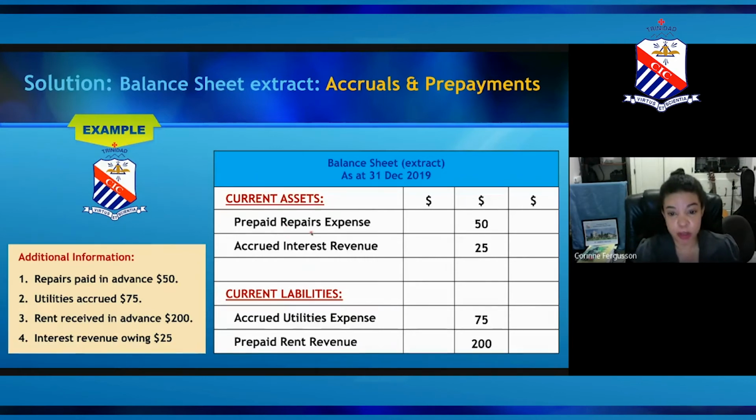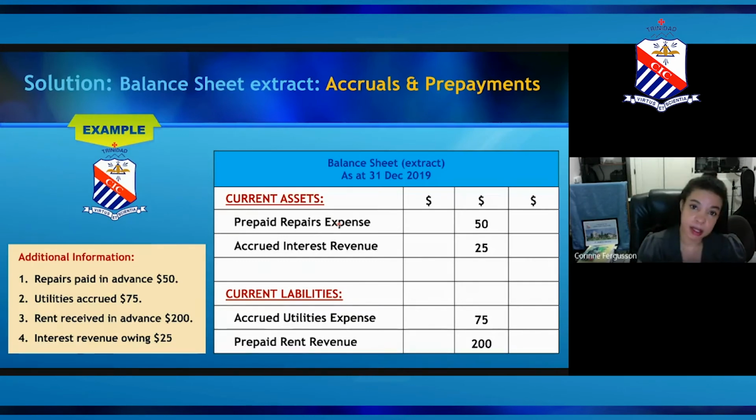And if you just have repairs, no prepaid, that means that this is an expense. Without the prepaid, expense is just expense, which goes into the income statement. So you need prepaid and you need accrued added to your expense and revenue for it to go into your balance sheet. Have to emphasize that for you.